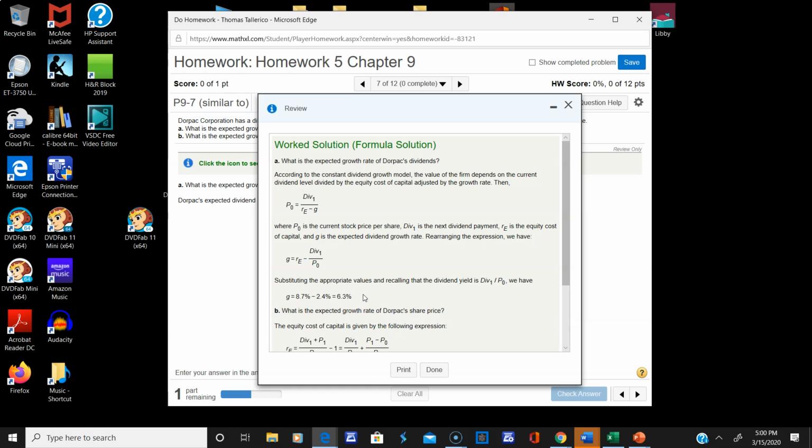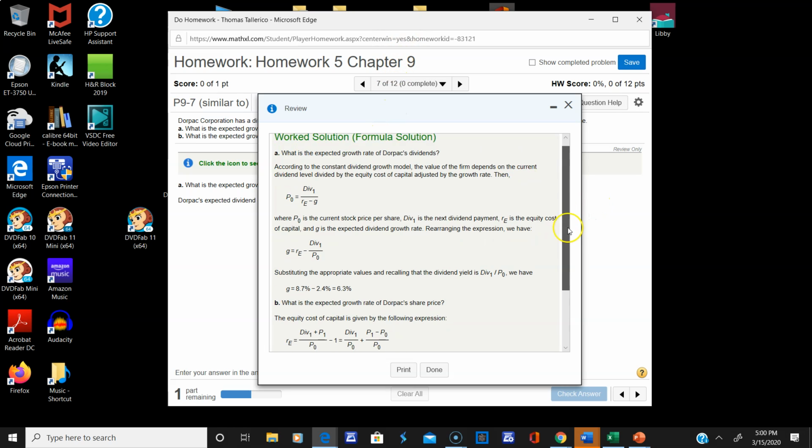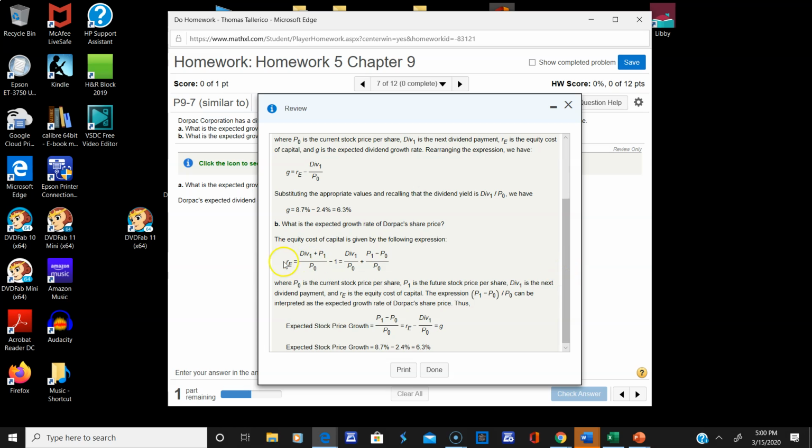The next question is, what is the expected growth rate of the share price? Okay. And again, this is in your book. Let me scroll down a little. And this equation is, again, the holding period return, right? But in this case, we solve for the equity cost of capital here, right?